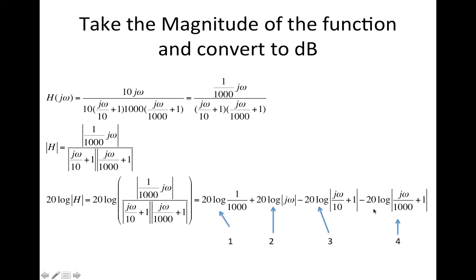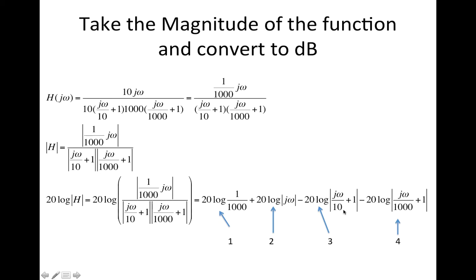This term will have a flat slope up to 1000 on the asymptote and then a negative 20 dB per decade. So what that means is this term does not contribute to the overall sum because its value is 0 until you get close to 1000. This term doesn't contribute to the overall sum until you get close to 10.